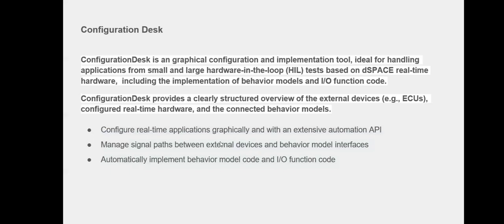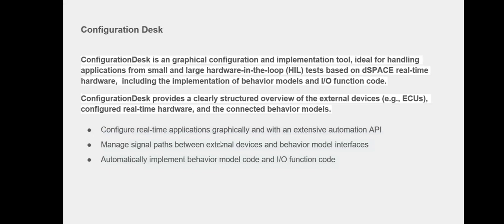Okay, and next, manage signal paths between external devices and behavior model interface. So there will be a CAN signal, and we can manage the signal path. For example, vehicle speed: from where to where, source and destination, where it has to transmit.